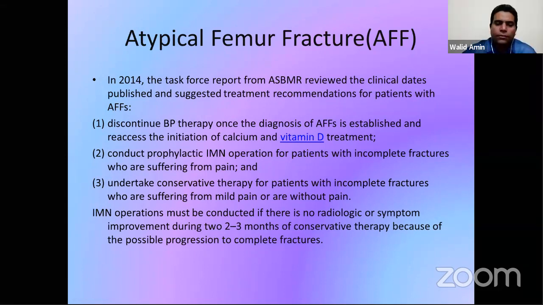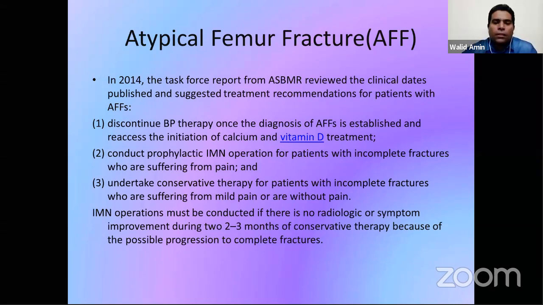And also we can conduct a prophylactic intramedullary nail operation for patients with incomplete fracture who are suffering from pain, and this is very, very important, and undertake conservative therapy for patients with incomplete fracture who are suffering from mild pain or are without pain. Intramedullary nails must be conducted if there is no radiologic or symptom improvement during the 2 to 3 months of conservative therapy because of the possible progression to complete fractures.